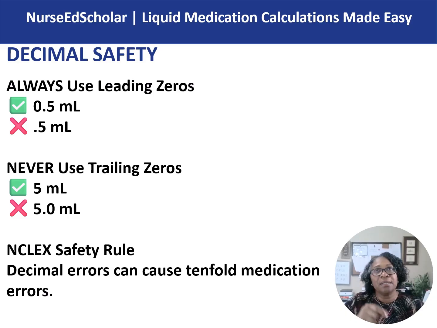Or if you put the zero after, like the 5.0, sometimes people may not see that decimal in between the 5 and the 0, and they give their patient 50. And so that's the real reason why they want you to put the 0 before the decimal, but you don't want to put it after the decimal, because it really changes the concentration of the medicine that you're giving. And that's why this is so important. I know that we're going over simple questions, but you really have to take your time when you're performing calculations.